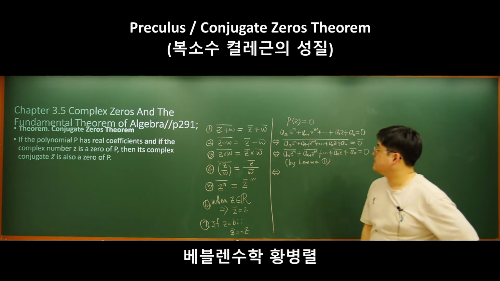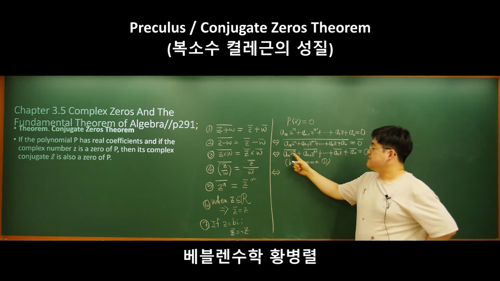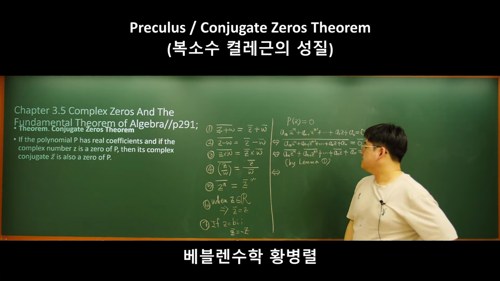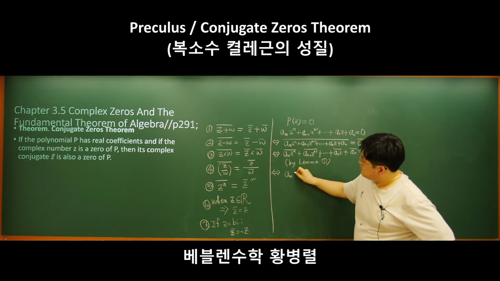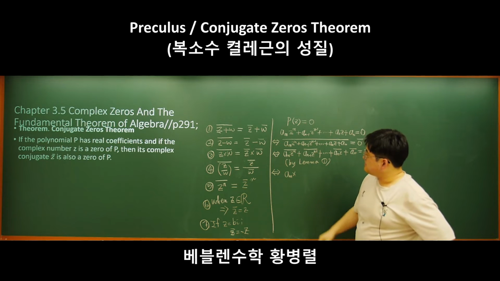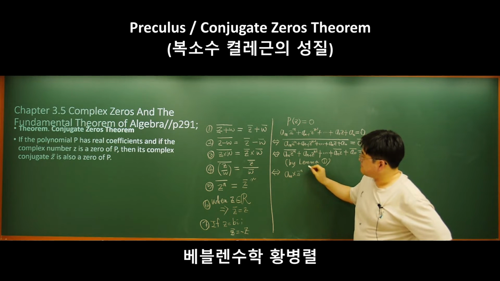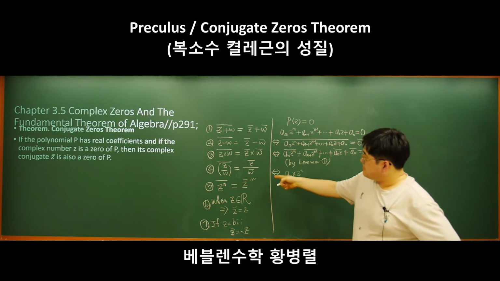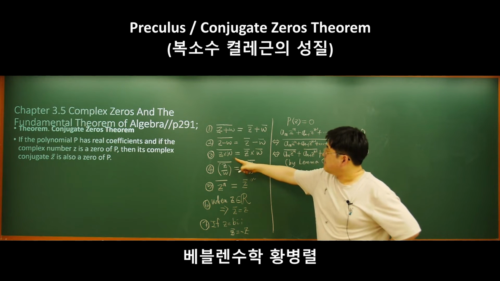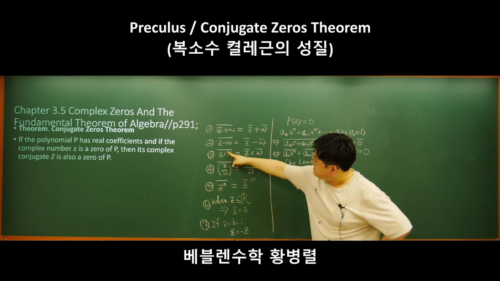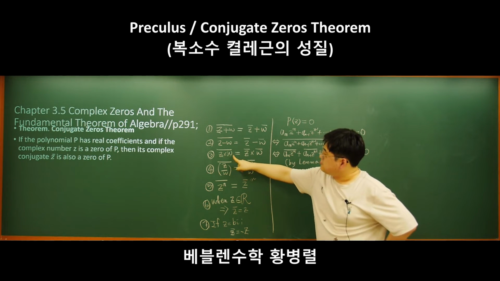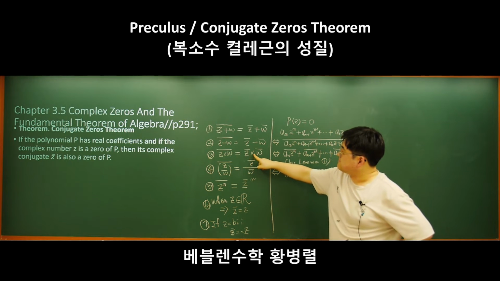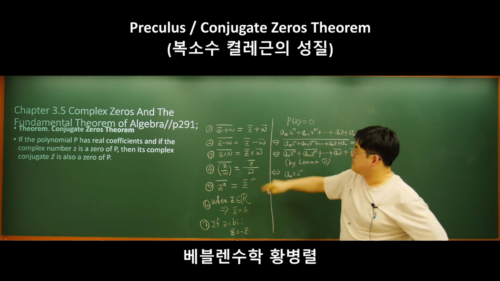And a n z to the nth power means a n multiplied by z to the nth power. And by lemma 3, the conjugate of z times w is equivalent to bar of z times bar of w.